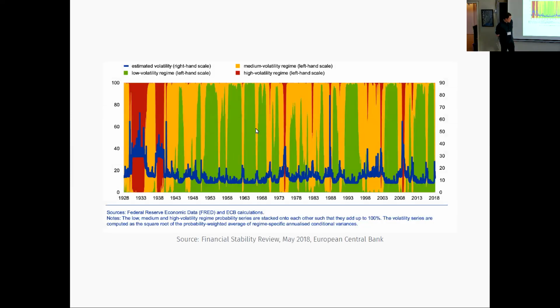And this is their result. On the horizontal axis, we have time, and on the vertical axis, we have the probability of each state. The green one is low volatility, the yellow is medium volatility, and red is high volatility. For example, here, after the 2008 market crash, the volatility is high.